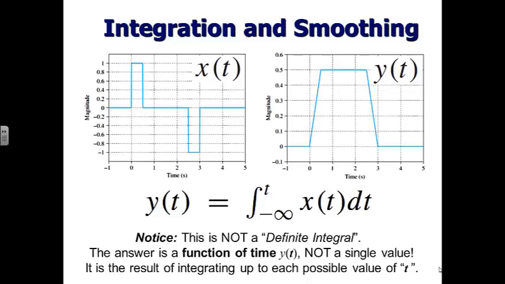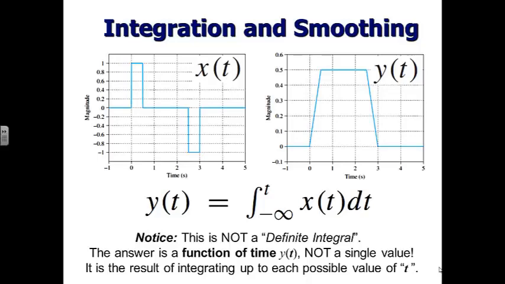Moving over to, for example, t equals 1, in y of t we have a value of 1/2. That 1/2 represents the integral of x of t from minus infinity up to time t equals 1, which is the area under that little rectangle of 1 by 1/2, or 1/2 for total area.